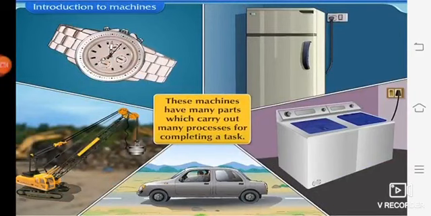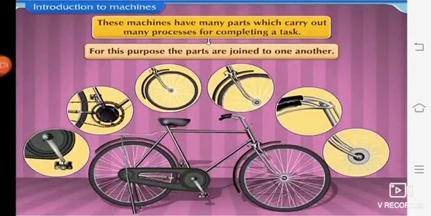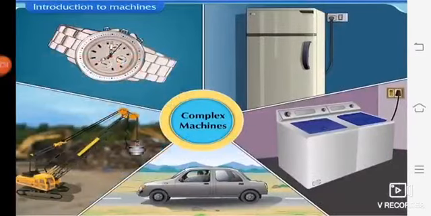Okay, and these machines which are having many parts, which carry out many processes for completing a task. Okay, and for this purpose the different parts are joined to one another. Yeah, and these machines are called complex machines. Okay, so what is a complex machine?